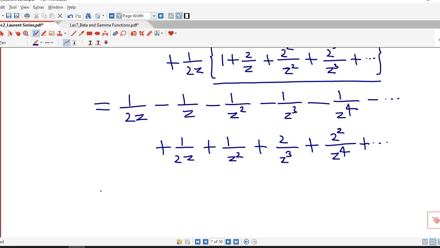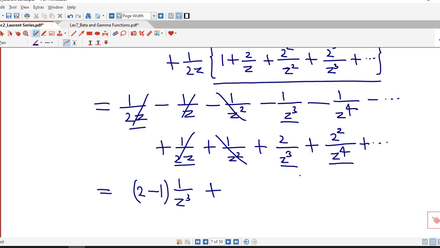So now we can see this 1 by 2z plus 1 by 2z, that is 1 by z, and that will cancel out this. Also 1 by z square will cancel out, and here we have (2 minus 1) into 1 by z cube if we combine these two.